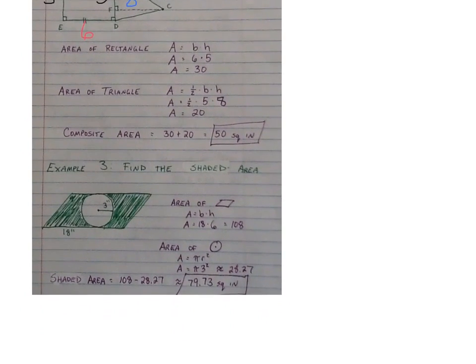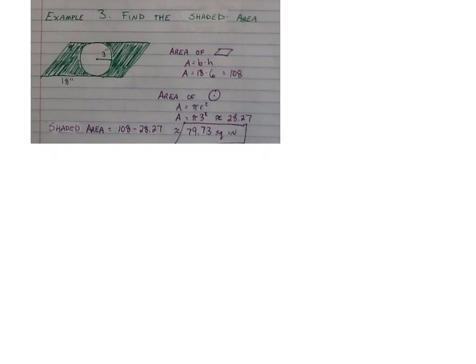In example 3, we're going to find the shaded area. As you can see, we have a parallelogram with a circle taken out of it. So we first find the area of the parallelogram, and then we subtract out the area of the circle, and that gives us the shaded area. To find the area of a parallelogram, we do base times height.